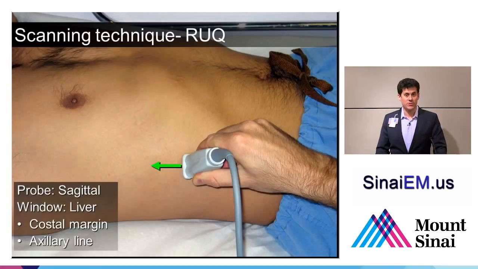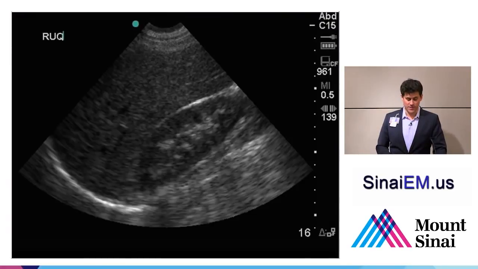So typically people, again, use the liver as a window. They're going to use the costal margin as the place where you first place the probe, typically somewhere around the anterior axillary line. You do have a lot of leeway, as we'll see as you scan through the patient. Anywhere from the anterior to the posterior axillary line along the right side can give you the best window.